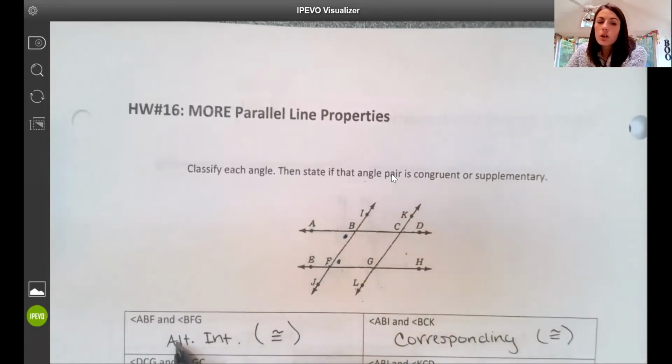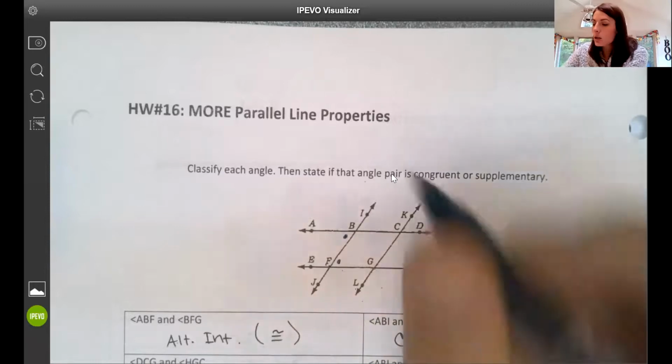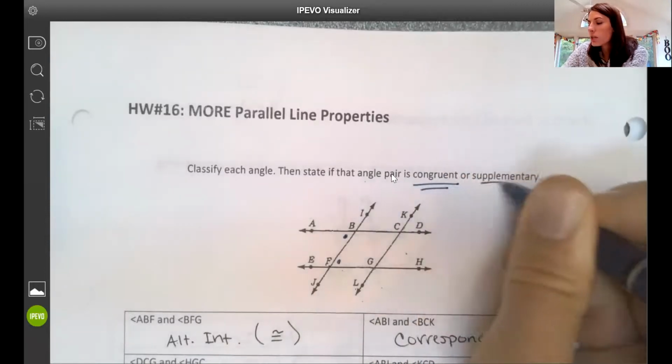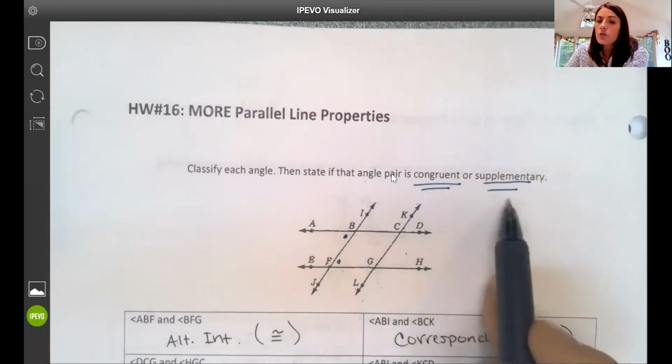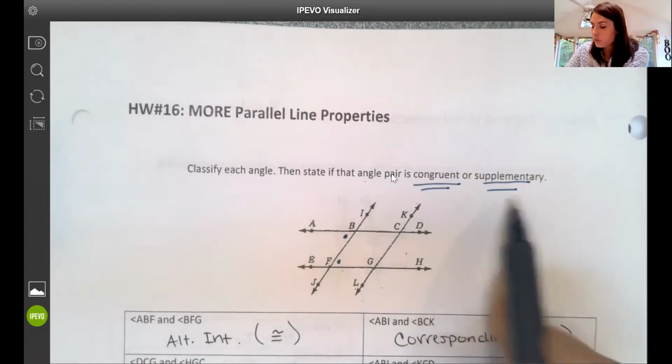And so I said, well, those are alternate interior, which means they are congruent. So don't miss this piece. Okay, are they congruent or are they supplementary?